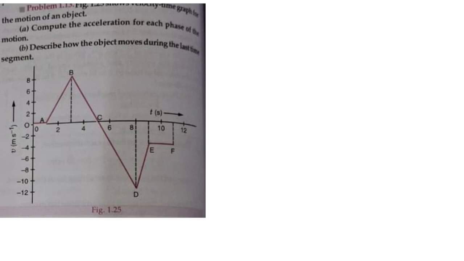Okay, look at this question. The figure shows a velocity time graph. Compute the acceleration of each phase of the motion. Describe how the object moves during the last time segment.